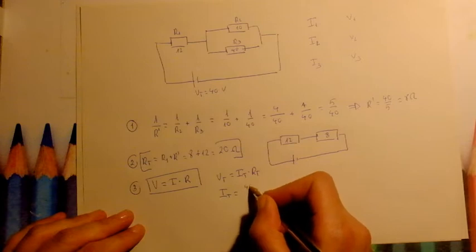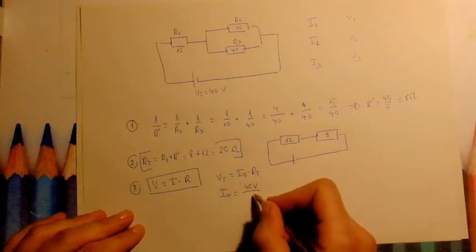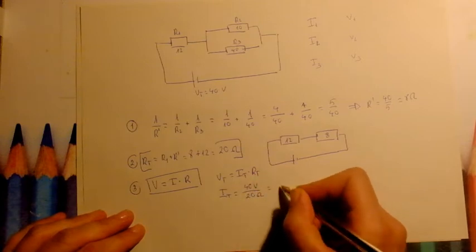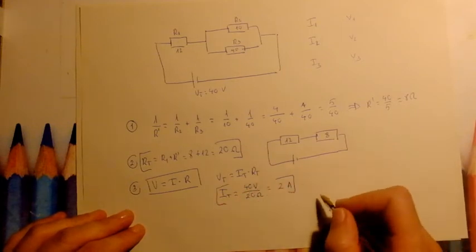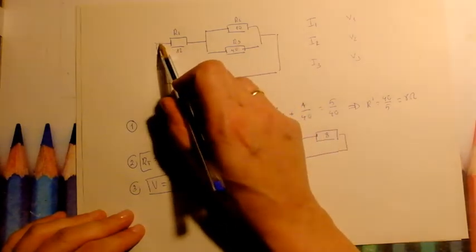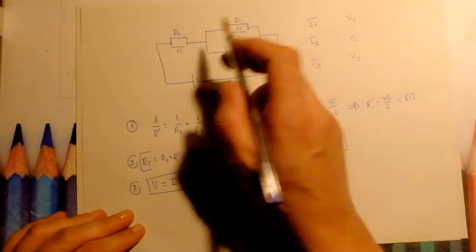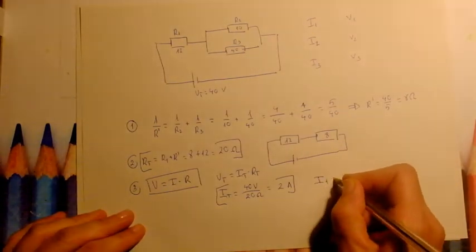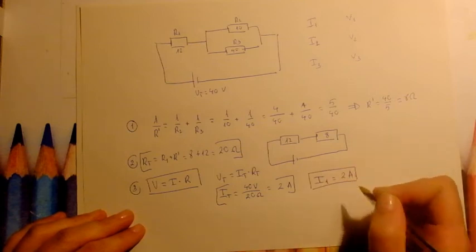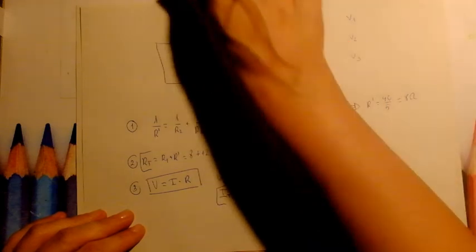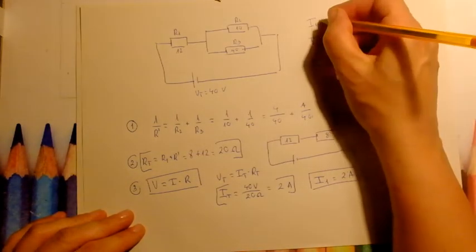Total voltage is 40 volts, total resistance 20 ohms, so total current is 2 amps. And remember, the current that passes through resistance 1 is exactly the same. So current 1 is 2 amps. And we have the first answer we needed in our grid.